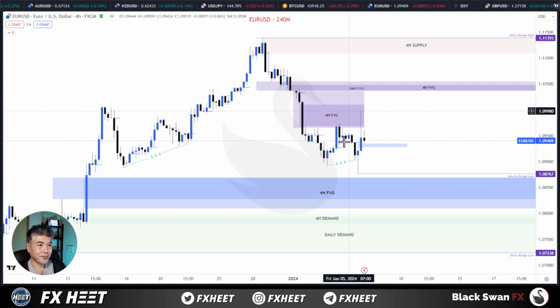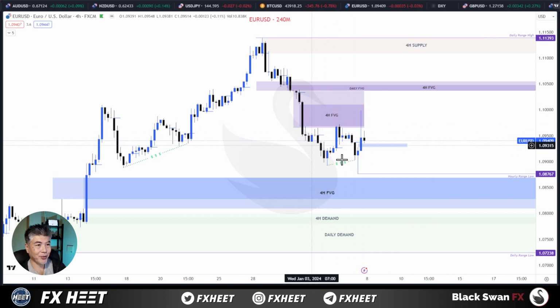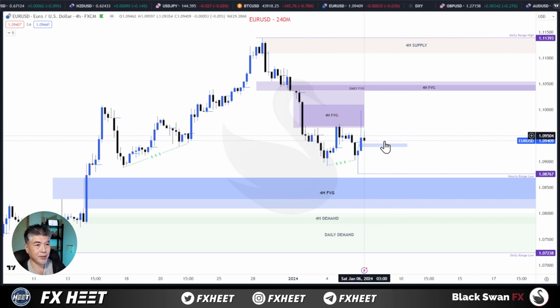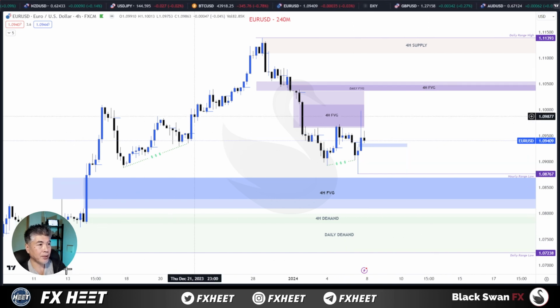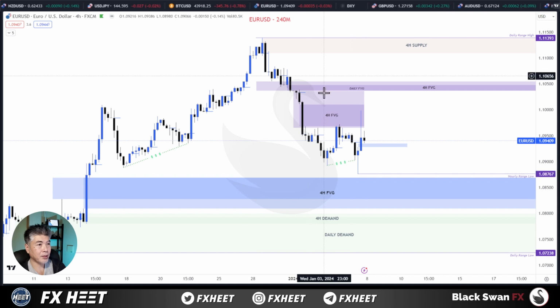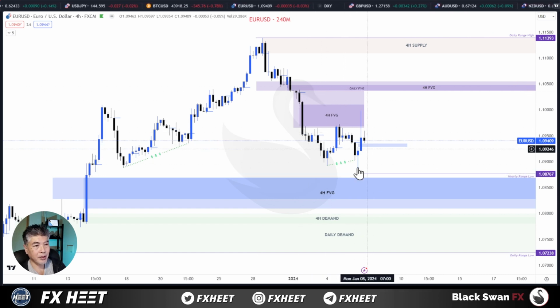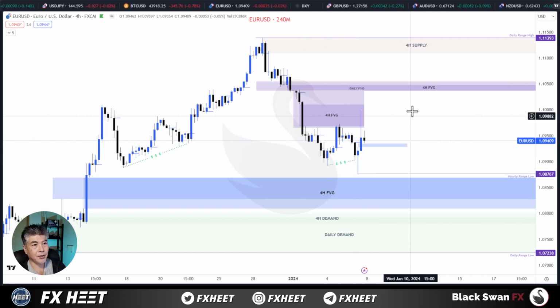So in this situation, you see it's swept on both sides, so it's a little unclear, especially as it's in the middle. But knowing that the overall structure is bullish, this could potentially be the end of the pullback before reversing.